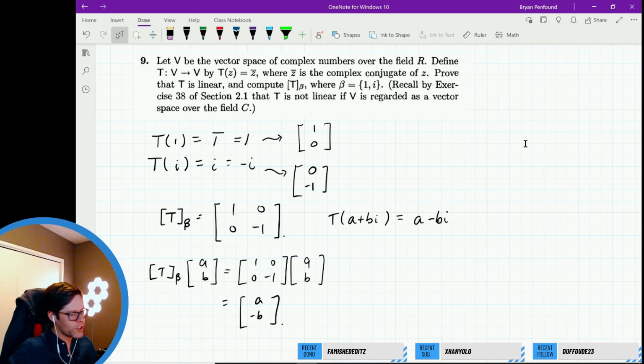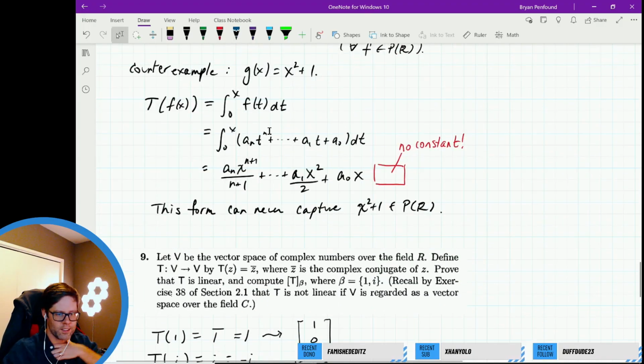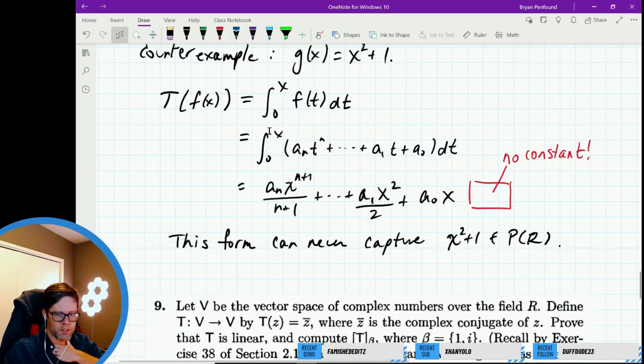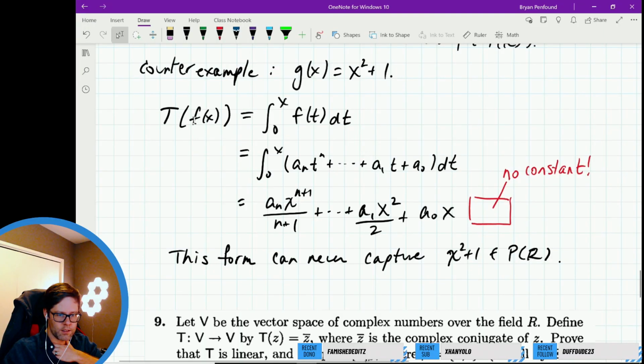Did onto hold or not? No, it didn't. It didn't hold. So I took a bit of a longer route by just integrating the polynomial, and then we noticed that once we did the integration, we didn't pick up a constant of integration because we have this lower bound of 0. So I sub in the upper bound of x, and I get x to the n plus 1, and so on, down to x, right? Because this a naught picks up a t.